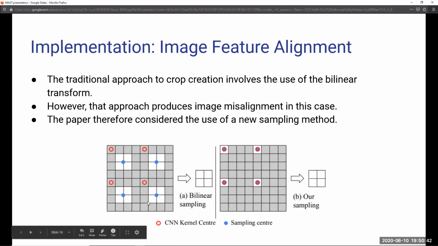Here's the CNN kernel center, but then the bilinear sample happened here. So they did a customized sampler and tuned it so that the center would actually fall into the CNN kernel center. That helps with accuracy by more than 2%.